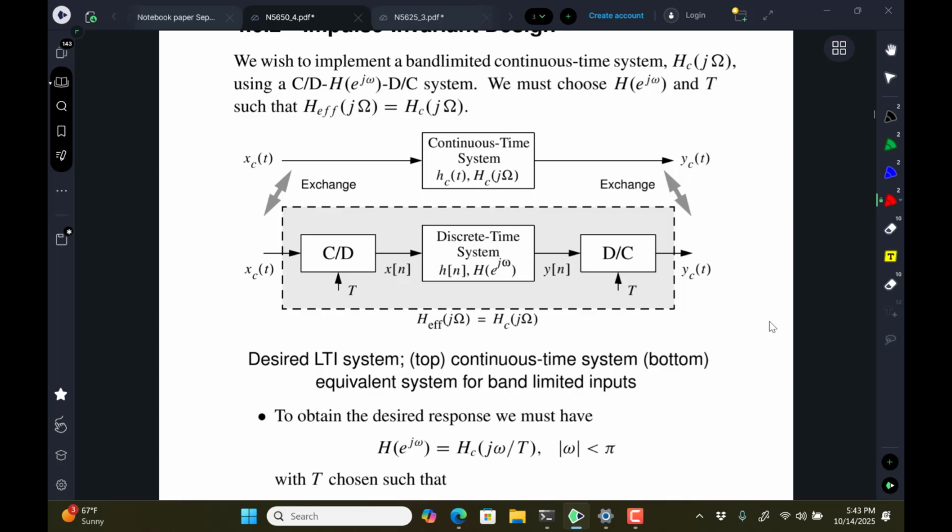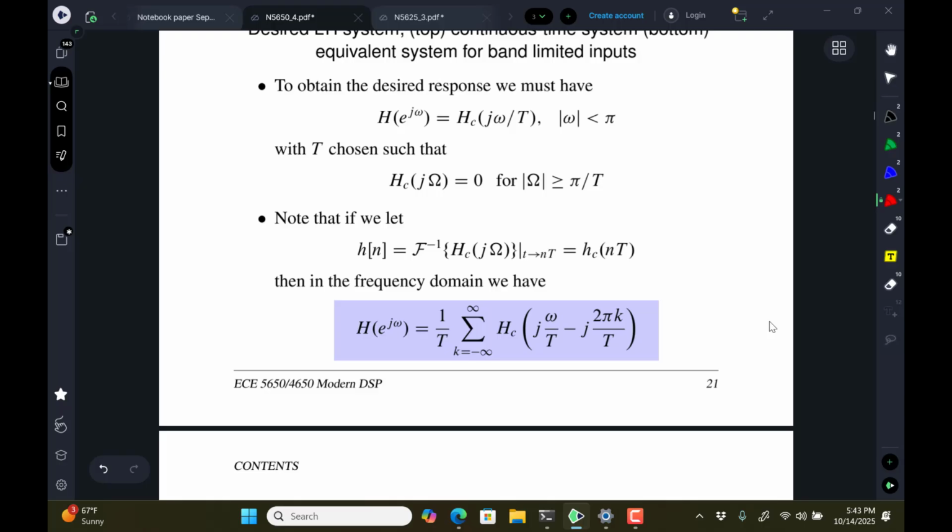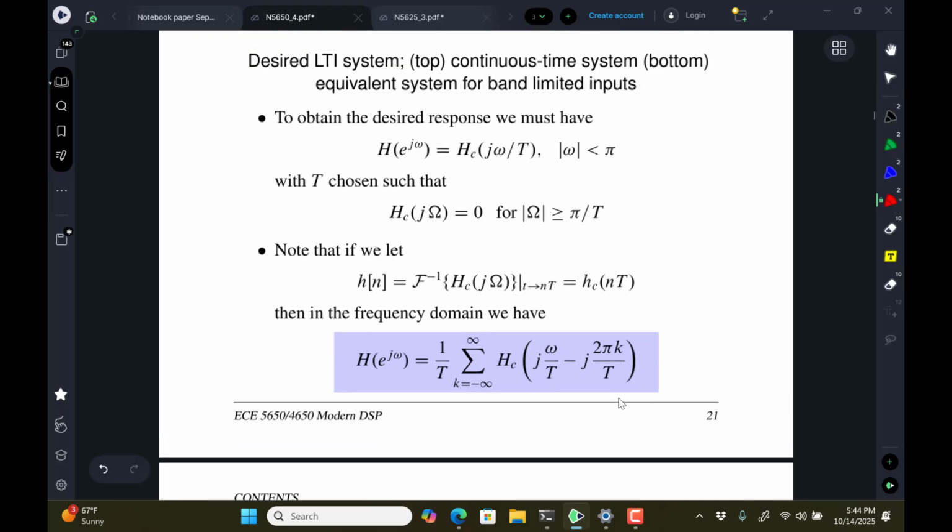That's in one of your homework problems too. I will put up the hints in a few days, or soon I should say. So we sample the impulse response of the analog system, and then that gives us our digital filter's impulse response, and we can relate that back to the Z domain and so on.